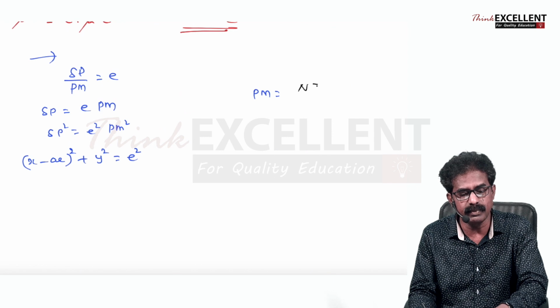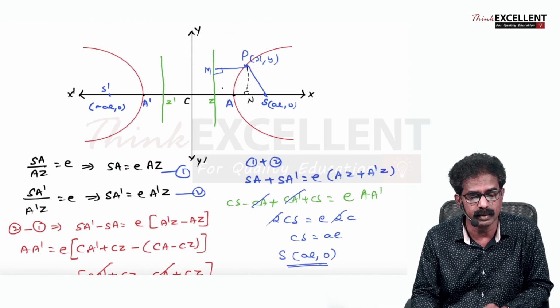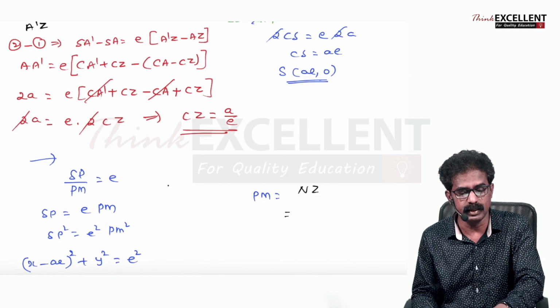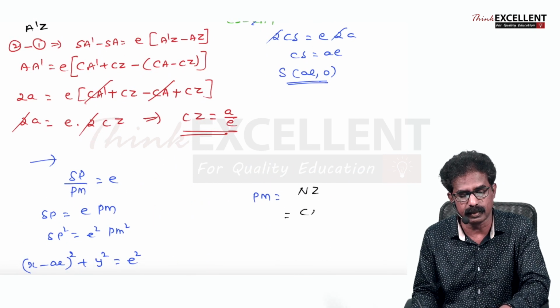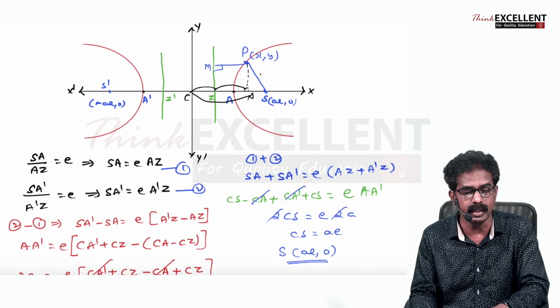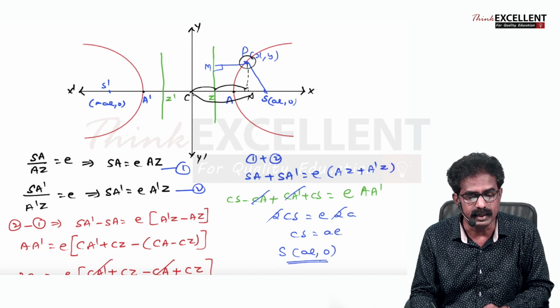And that NZ we don't know, so write in terms of C. NZ can be written as CN minus CZ. CN is X because it is the X coordinate of P. X coordinate of P means that length only, right?